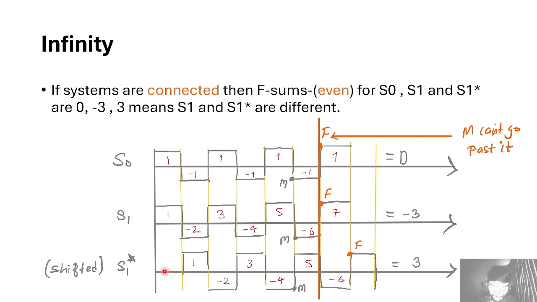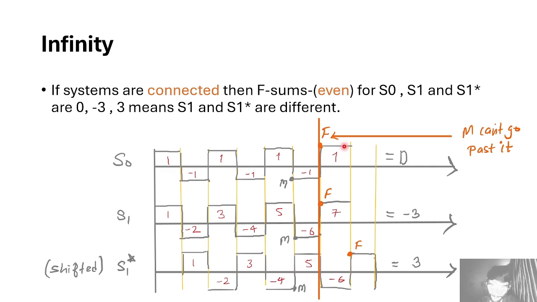So the f sum for S1 star, S1, or S0 can go past this f. You can find the f sum with this single marker for all of them. The same f marker will be followed by all of the waves to get the final f sum.